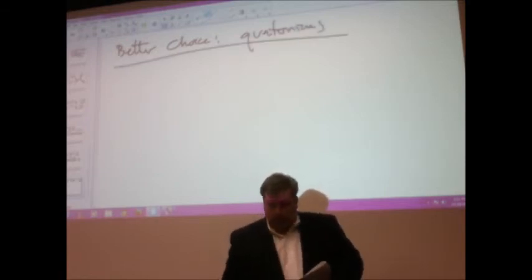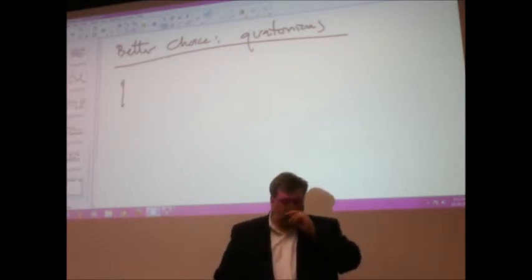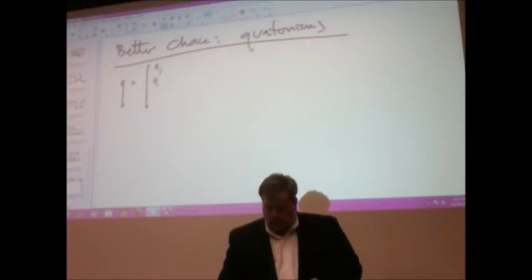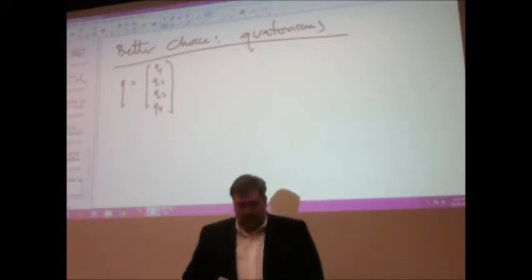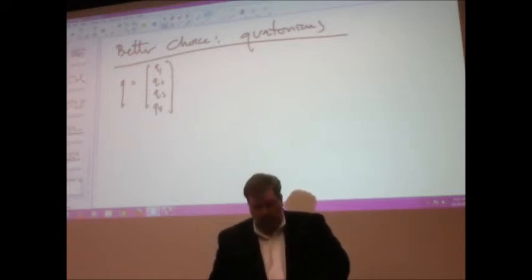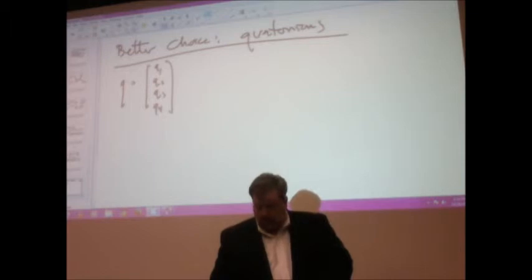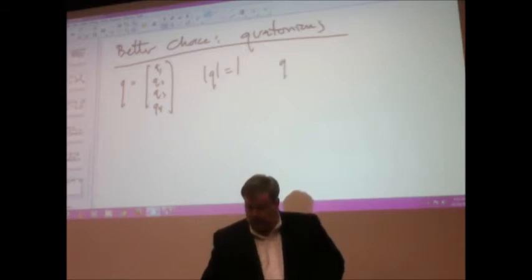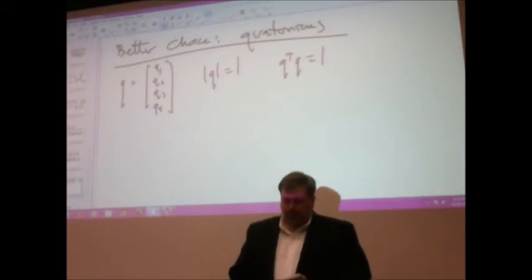A quaternion is a 4-parameter attitude representation: q1, q2, q3, q4. We're using little q's here. Its magnitude, or length, is exactly 1. Or if you like, I can calculate q transpose q, exactly equal to 1.